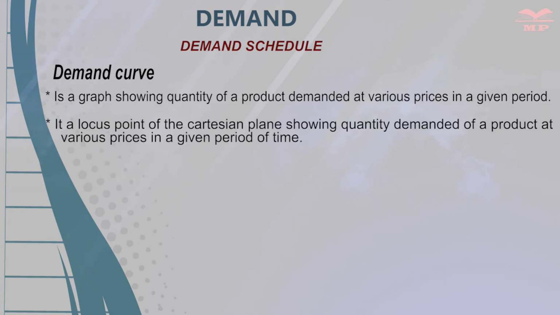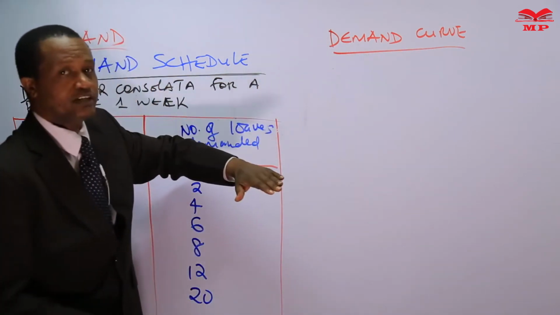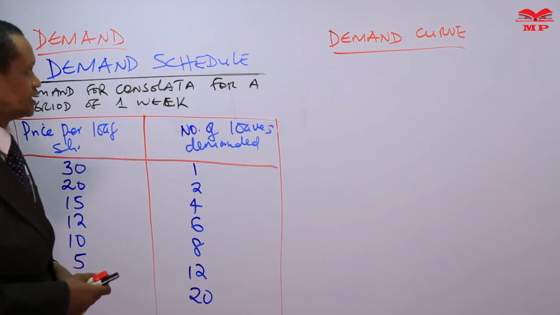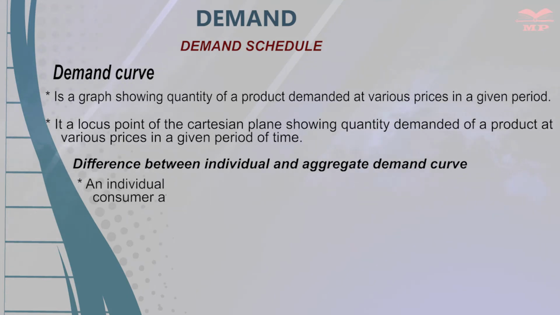It is a locus of points on the Cartesian plane showing the quantity demanded of a product at various prices in a given period of time. Because we mentioned that there are two types of demand schedules, there are also two types of demand curves: the individual demand curve and the market or aggregate demand curve.